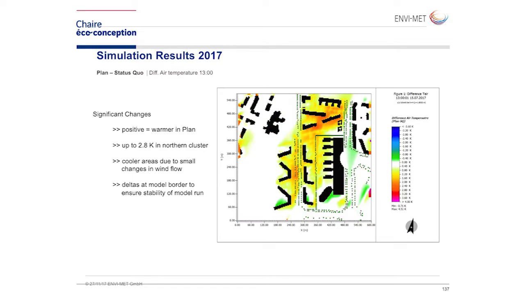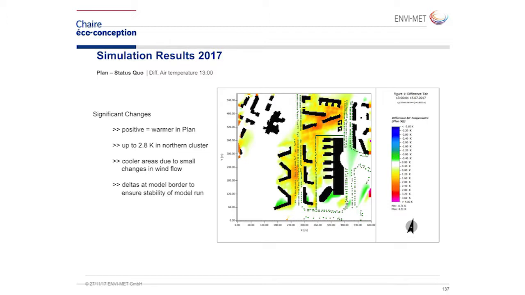Thanks. So what you now see is another way of looking at it. It's a difference map. We take the two results, status quo as it is today and the planning scenario, and we just subtract the two. So it's a more scientific way of seeing the changes.